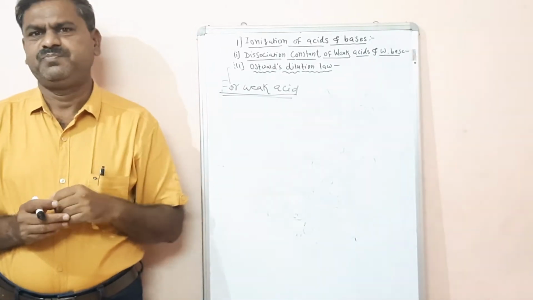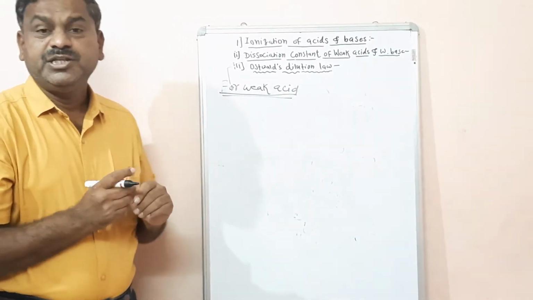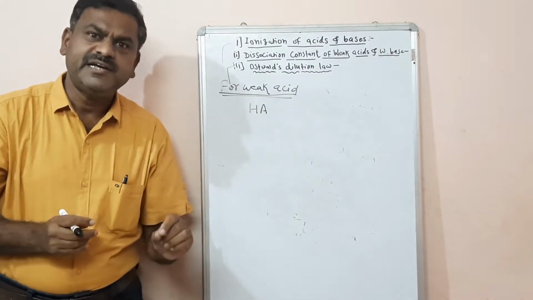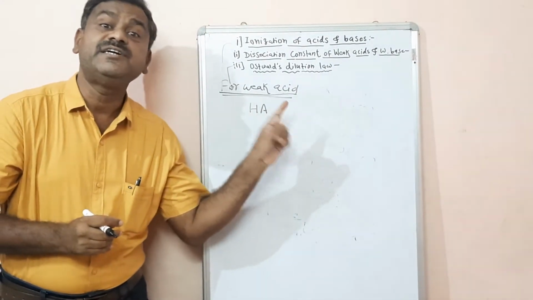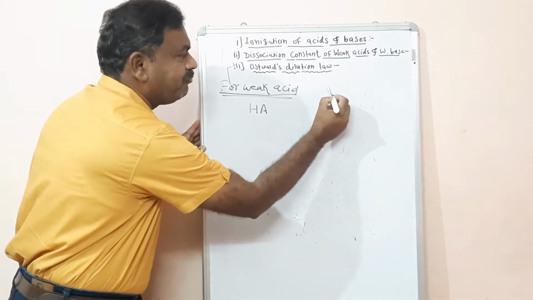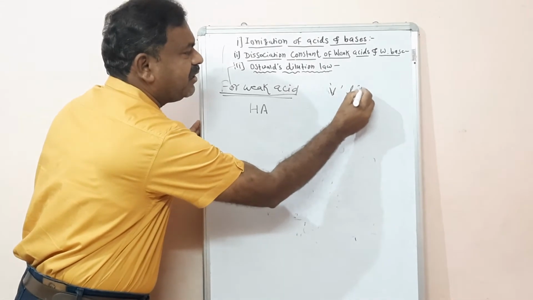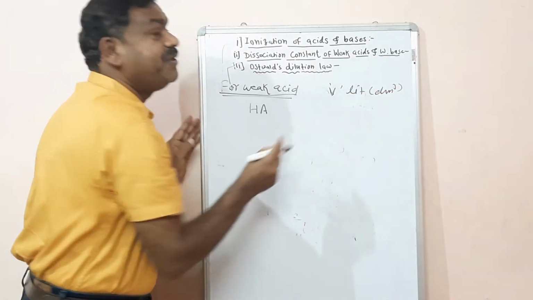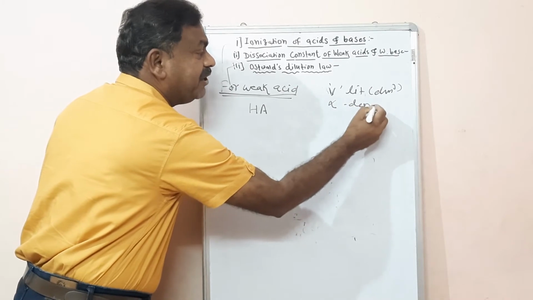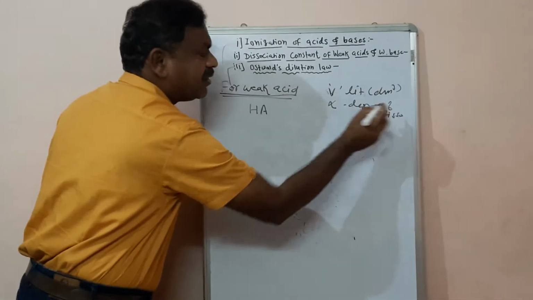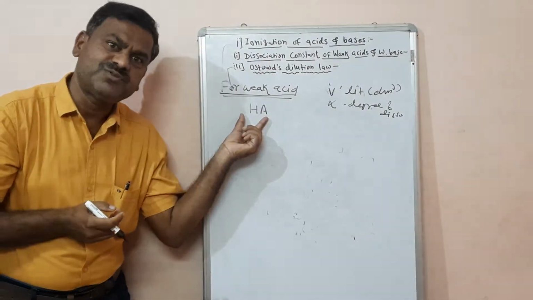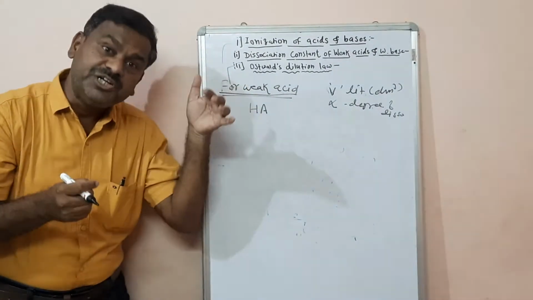Now, for the weak acid, consider HA is the weak acid, 1 mole of it dissolved in V liter, or decimeter cube, of the solution, and let alpha be the degree of dissociation.